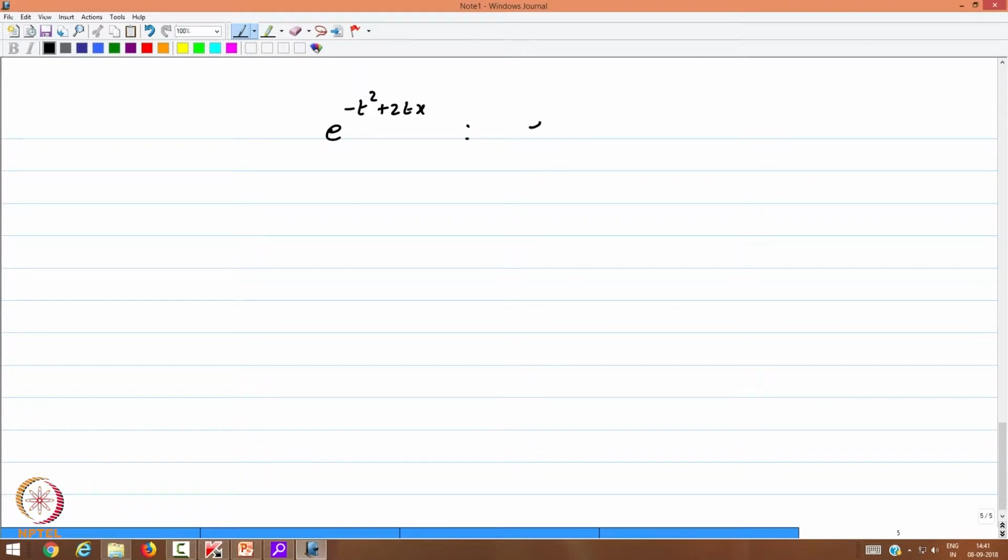If you evaluate f of 0, that is 1 because it is the exponential of 0. Then df by dt is going to give you e to the minus t square plus 2tx times 2x minus 2t.